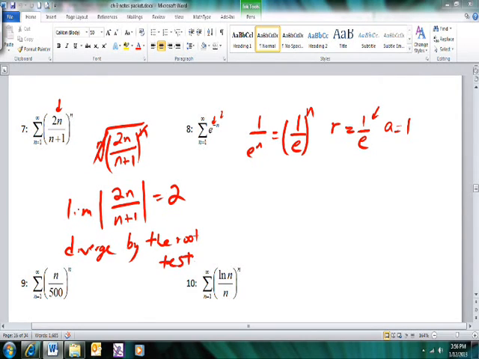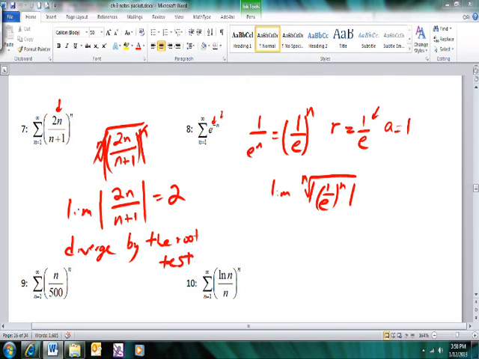Now, using the root test, you would take the limit of the absolute value of, and you're going to take the root. No, I'm putting the absolute value in the wrong spot, sorry. The absolute value should be on the inside to keep everything positive inside of a root. So the nth root of the absolute value of 1 over e to the n, and we're taking the nth root.